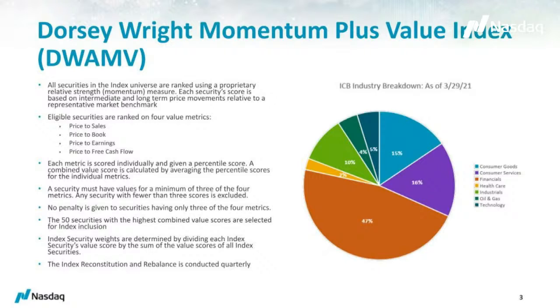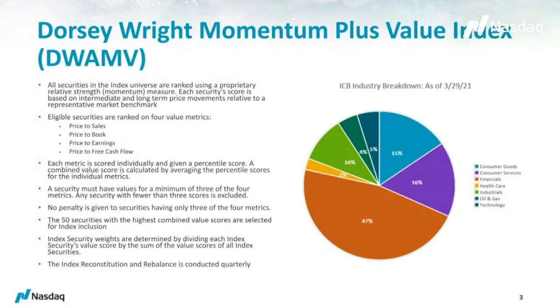The index then screens those high momentum names and runs a value filter, looking at important value characteristics such as price to sales, price to book, price to earnings, price to free cash flow. Those securities exhibiting the best value characteristics have the best value score, and that's where the index allocates to. So essentially you have an index that has both high momentum names and strong value names as well. You're able to capture those two factors in an index.